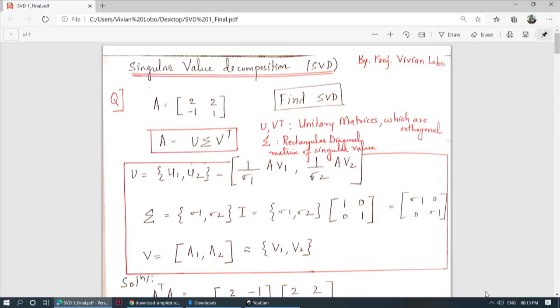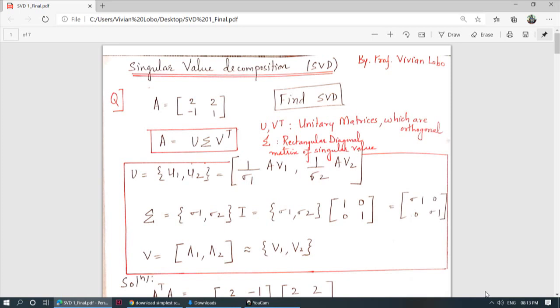Now here also we are interested in obtaining only those features or characteristics which provide the maximum information, and the other features can be ignored.